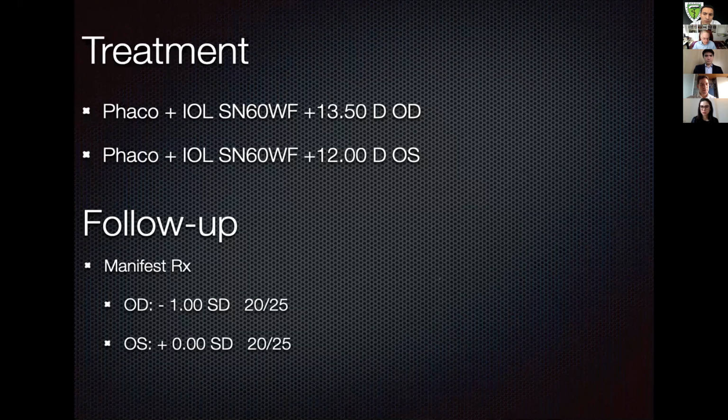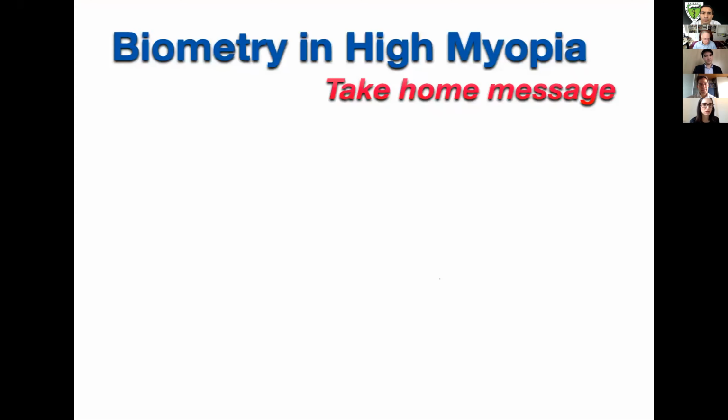After two weeks of surgery, the manifest refraction in the right eye was -1 with 20/25 vision, and the left eye was plano with 20/25 vision, and the patient was very, very happy.